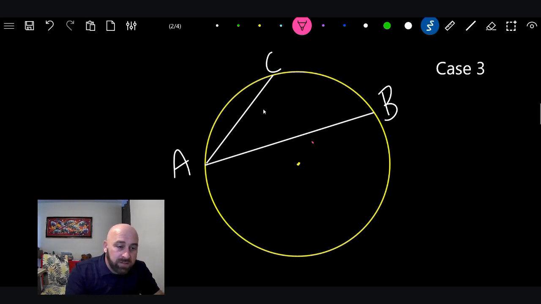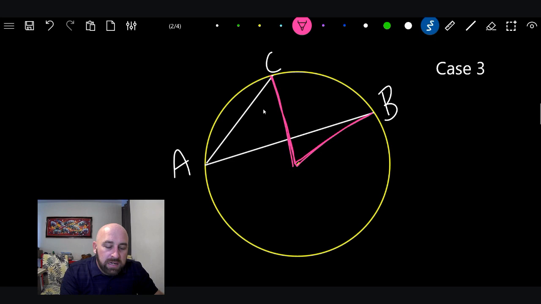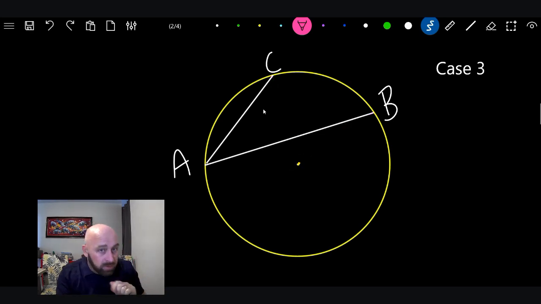Well, the same thing is true if we draw our angle here to the center point. And look what we've created now. Now we do have some triangles, don't we? Look, we've got some triangles. Now those triangles are not congruent, but we're actually going to learn a lot of stuff about those triangles right there. Okay, we're not ready for that yet, but notice there are some triangles there.